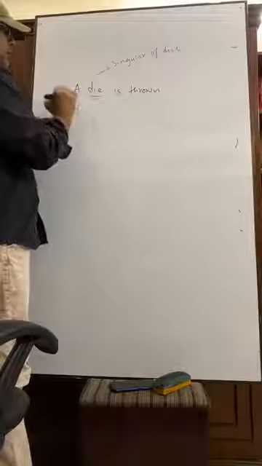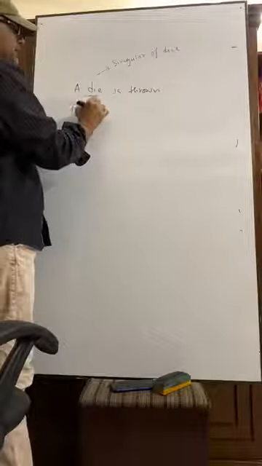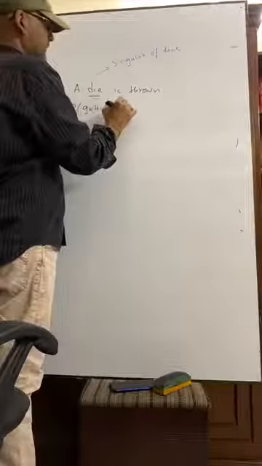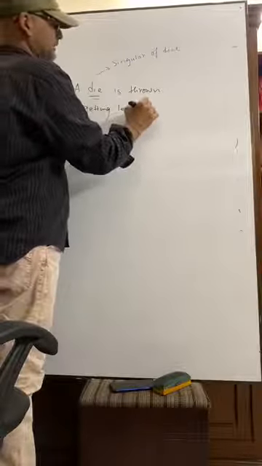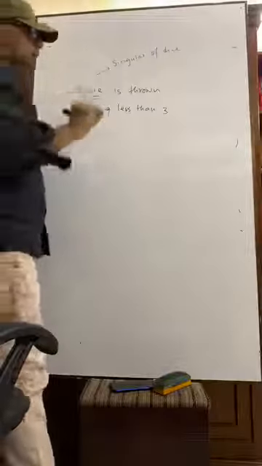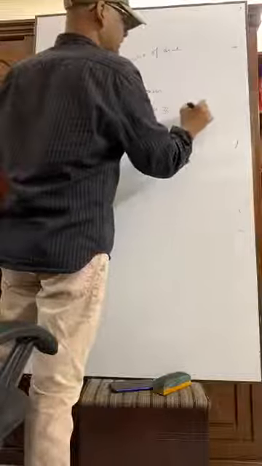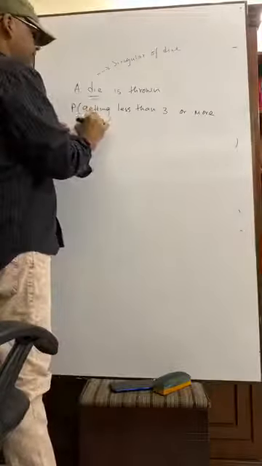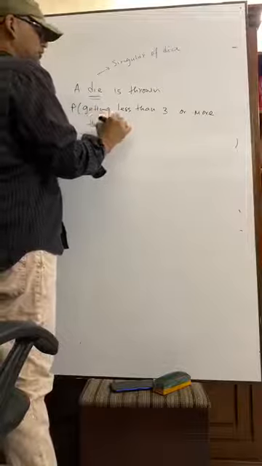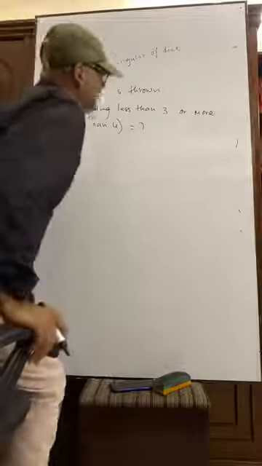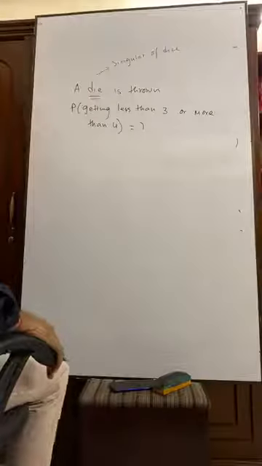Probability of getting less than 3 or more than 4 equals to what? Less than 3 or more than 4.